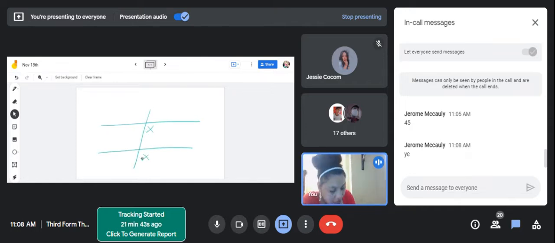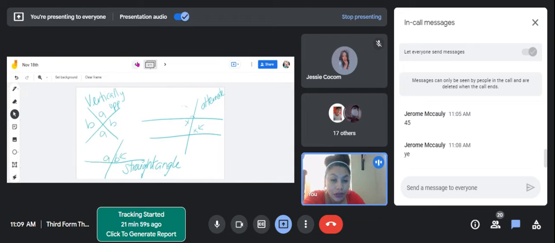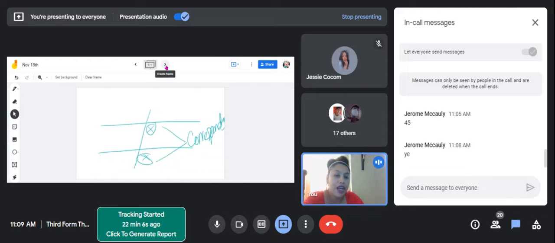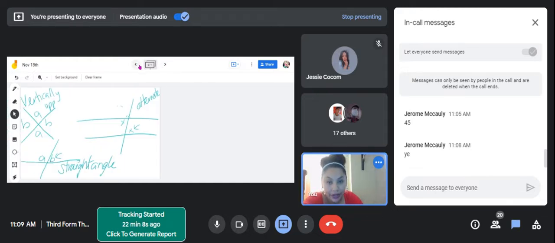And then the last one: when you are given two things like this, and they give you this one and ask you for that one, this is what we call corresponding, because they are in the same place. This is what we did with the activity when we labeled everything. Because this one is in the same place as this one, they measure the same thing. So these are the reasons we have: vertically opposite, alternate, straight angle, interior angle, and corresponding angles.